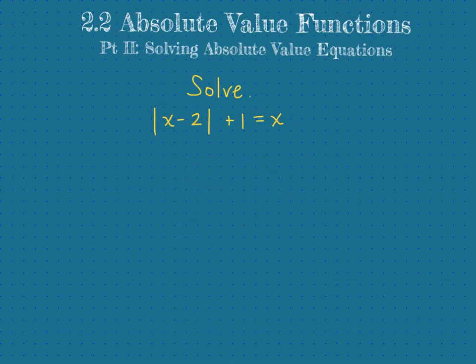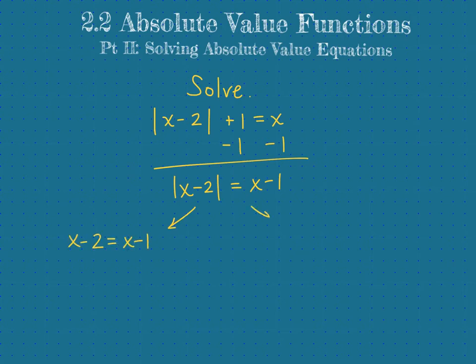In our last example, we want to first, again, isolate the absolute value. That's our first step. And then from here, we're going to use our equality property. We're going to say what's inside the absolute value either equals what's originally outside, or what's inside the absolute value equals negative what's over there.